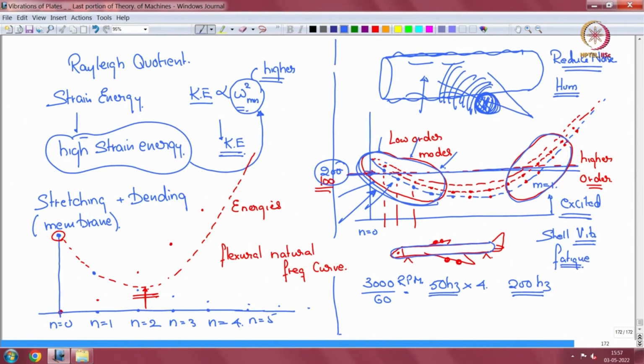Okay. And why is this lower order, higher order headache happening? Because there is this dip. Why is this dip happening? Because there is a coupling between membrane and bending, because it is a curved shell. So this is kind of inevitable if you have curvature. Okay. You remember your plate resonances, they will go high and they will taper off.